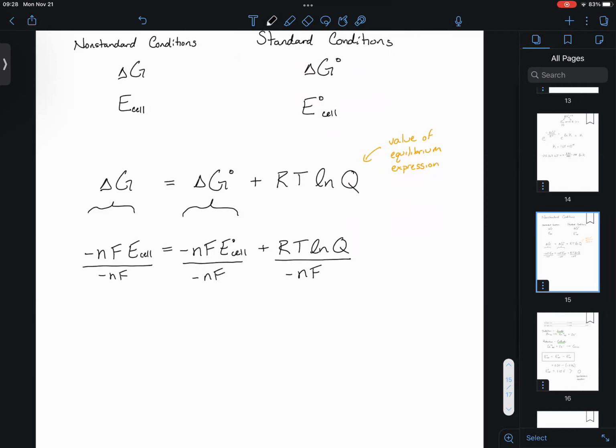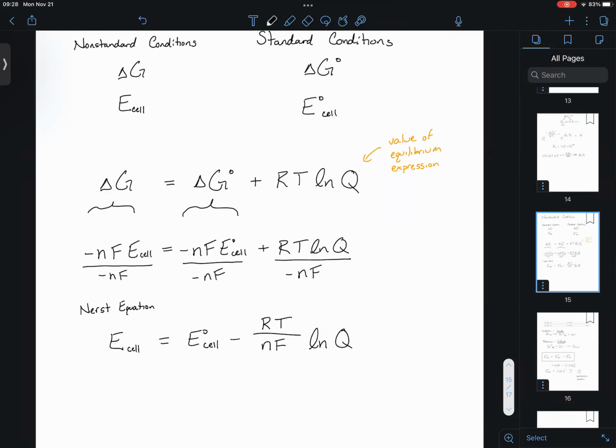And so what we see is this will simplify to the potential of our battery at any conditions is equal to the standard potential of that battery minus RT over NF natural log of Q. And this thing right here is what's called the Nernst equation.